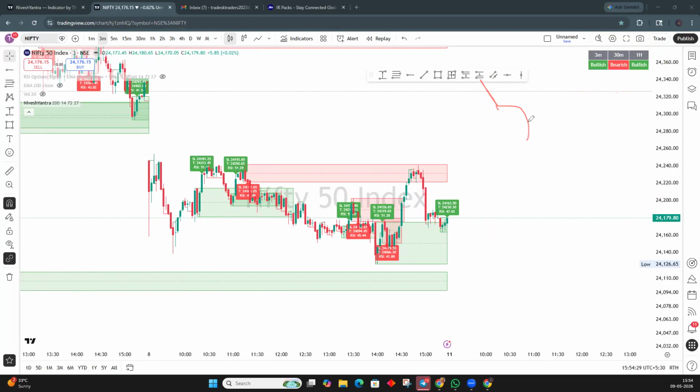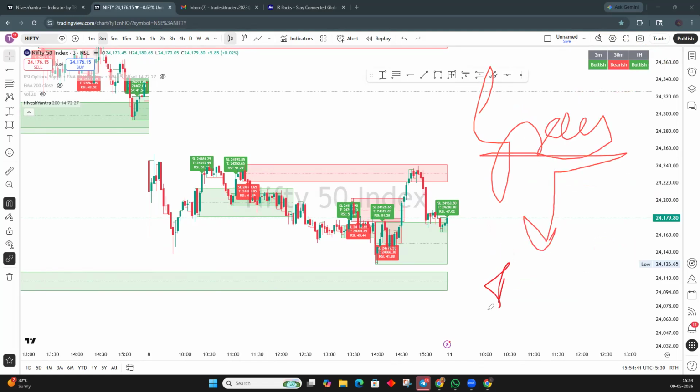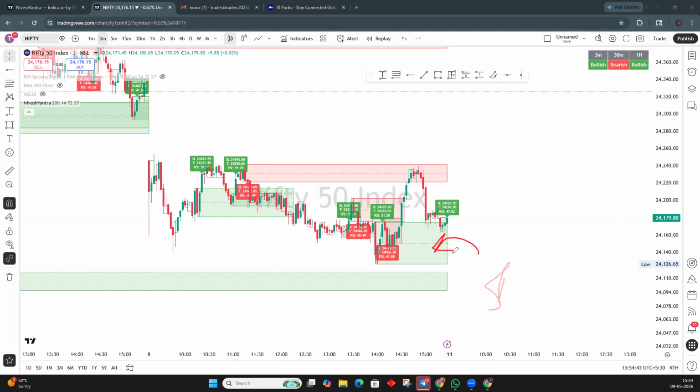If the previous day is red, your current day will be sell on rise. This is the view. And if the previous day is green, your next day bias should be buy on dip. So buy on dip will be for the green one, and sell on rise will be near the day highs or intraday highs. This is how we always make money, buy low and sell high.